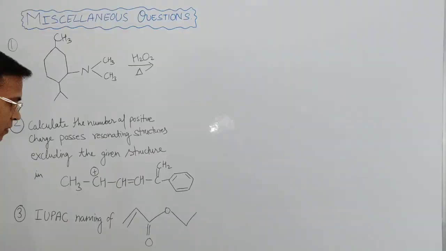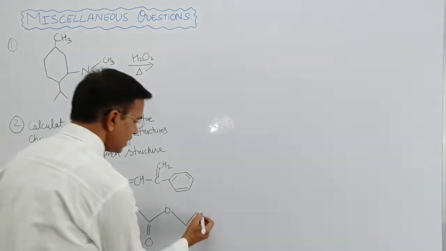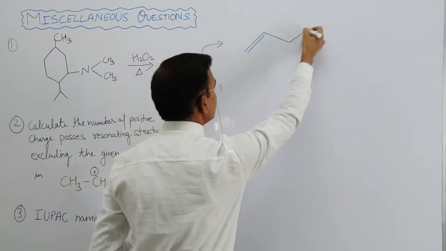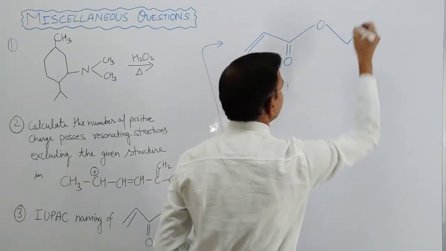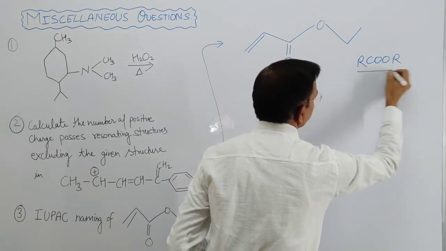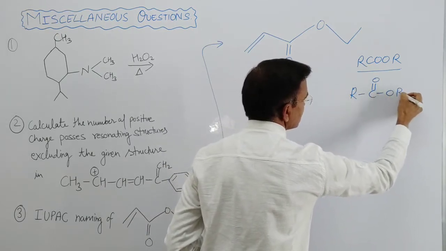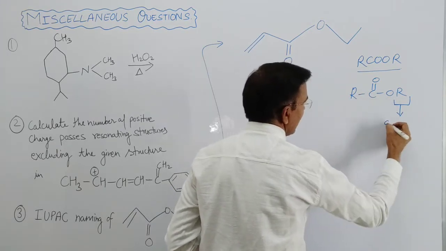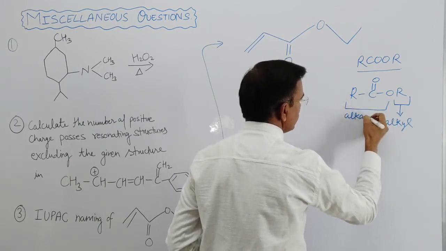Now come to the third question. The third question is the IUPAC naming of the given species. Here is the double bond, and here is the double-bonded oxygen, and here is oxygen. This is an alkanoate; this is the ester group. This carbon is named as alkyl, and this is named as alkanoate.